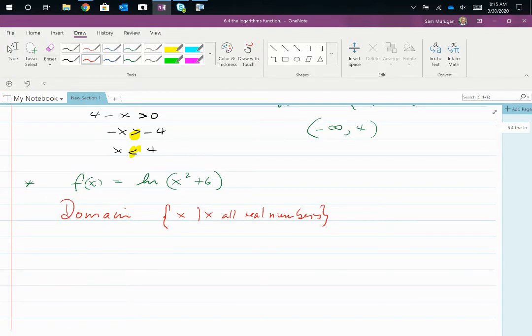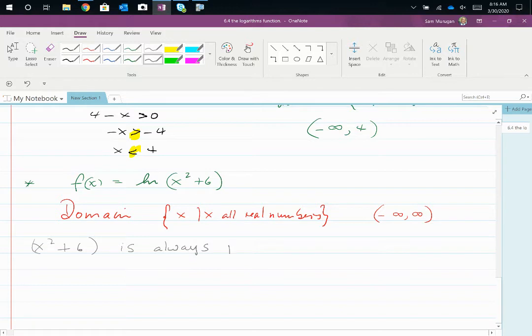Domain is all real numbers because if we were to try to make a substitution or set that greater than or equal to 0, we would have a quandary because no matter what value for x you substitute into this function, the value in the parentheses will always be positive. x squared plus 6 is always positive, even if x is a negative number and we square it, it becomes a positive number.